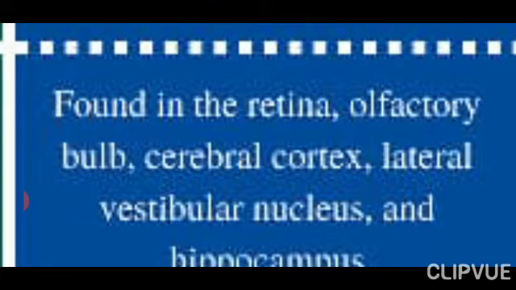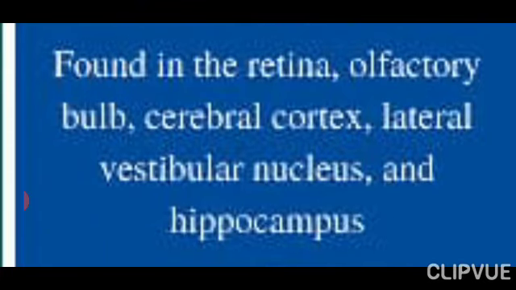Then where do we have the chemical? We find them in most junctions in the human body. But where do we find the electrical in the human body?